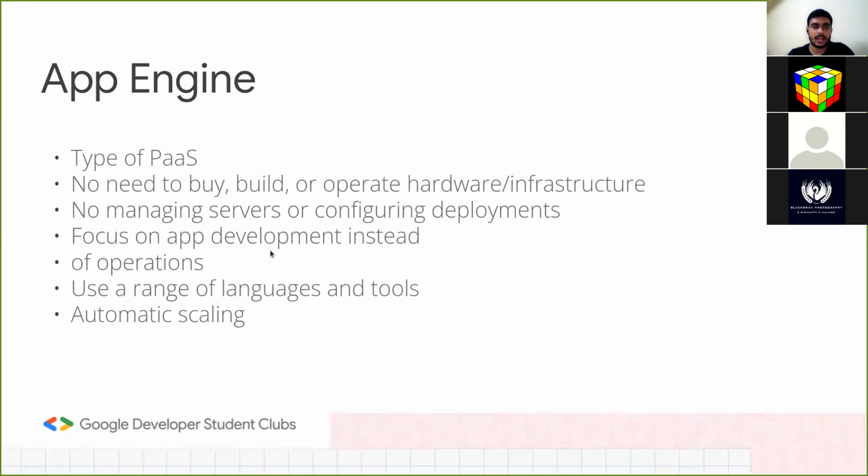Then focus on app development instead of operations, and use a range of languages and tools, with automatic scaling. Focus on app development instead of operations, because it is a platform as a service. You have to use some set of tools, follow some guidelines, and read some documentation on how to use the APIs given on App Engine in order to optimize performance.